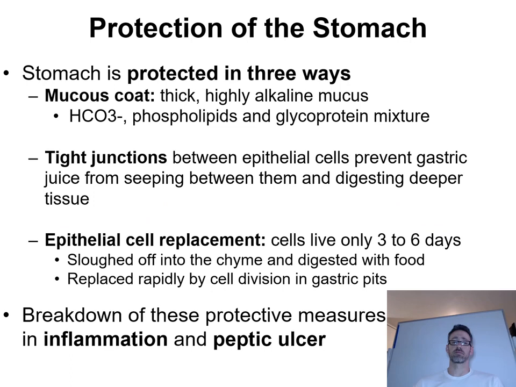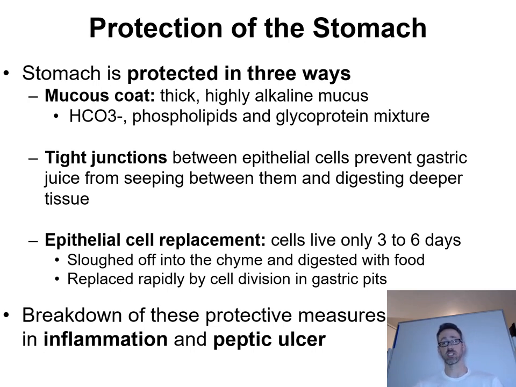Lastly, just to briefly touch on this, the stomach is protected via the mucus coat. It has alkaline mucus, so it secretes bicarb that helps to neutralize the acid at the surface of the stomach. It has phospholipids and a glycoprotein mixture.